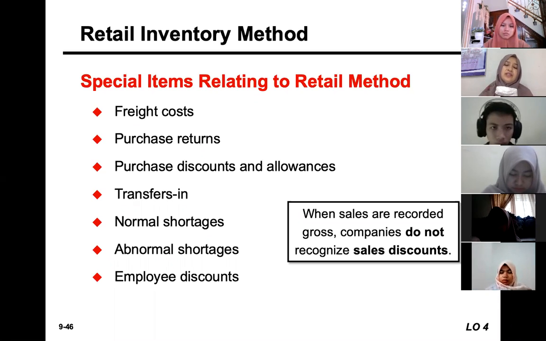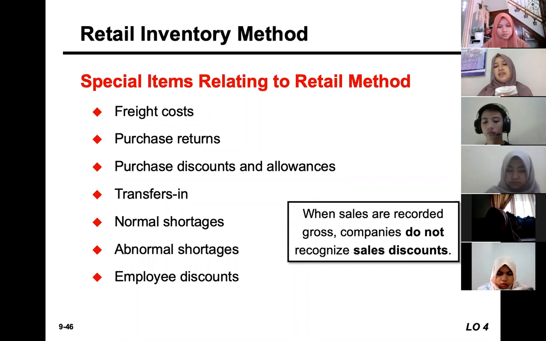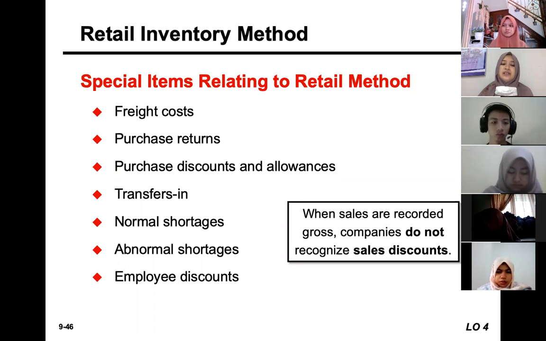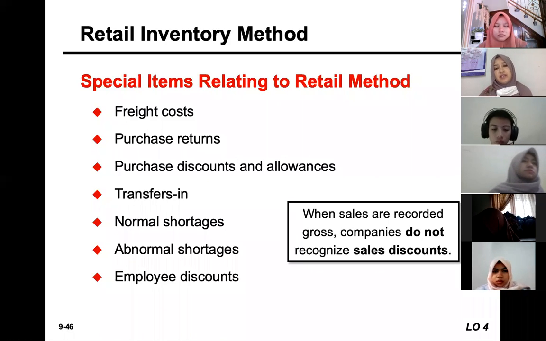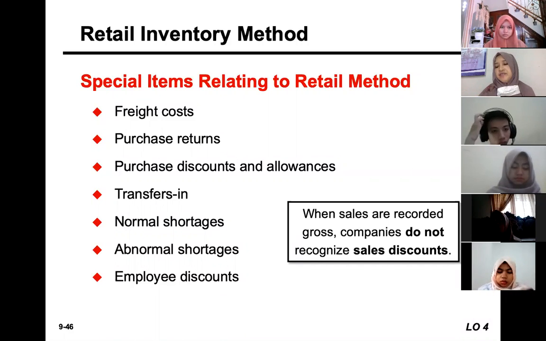So it gives an abnormal amount of shortage. When you compare the actual amount at the storage and the one that you recorded, it gives a very high amount of difference. So that is normally regarded as abnormal shortages. It could be due to various reasons. Maybe the breach, intrusion from other party that steal the company's inventories, or the natural disaster like flooding, tsunami event, or any other natural disaster.